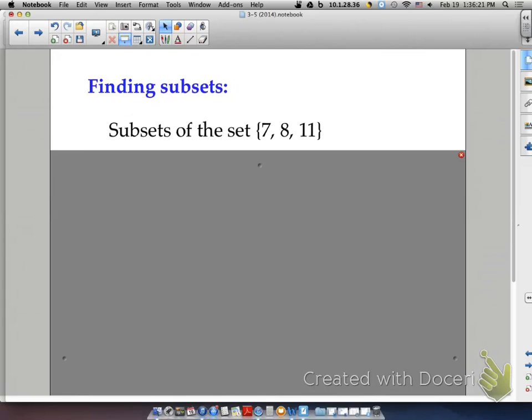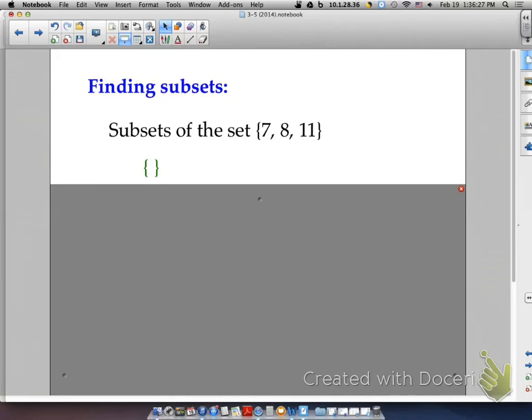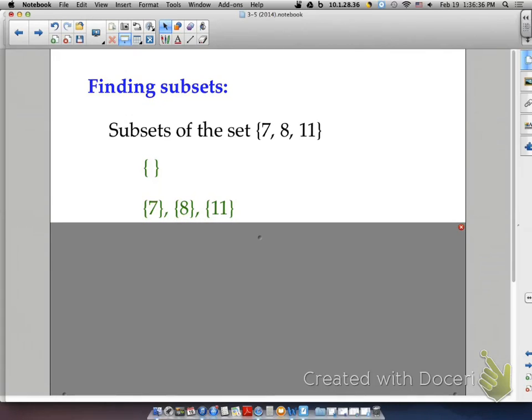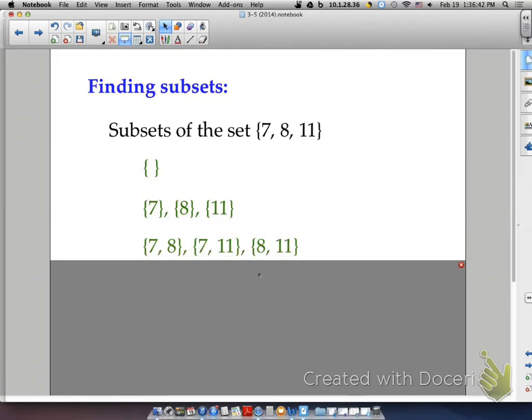All right, let's see. So what is the first subset of the set? The null set. Then we're going to list the individual elements. So it's going to be 7, 8, 11. Then we're going to look for pairs: 7, 8; 7, 11; 8, 11.